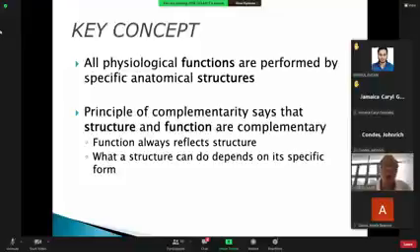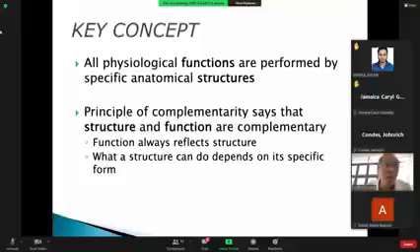The principle of complementarity says that structure and function have a relationship. It has this kind of function because it has that kind of structure. That is what we call structure, anatomy, and function, physiology. That's why anatomy and physiology are two subjects that are complementary to each other.